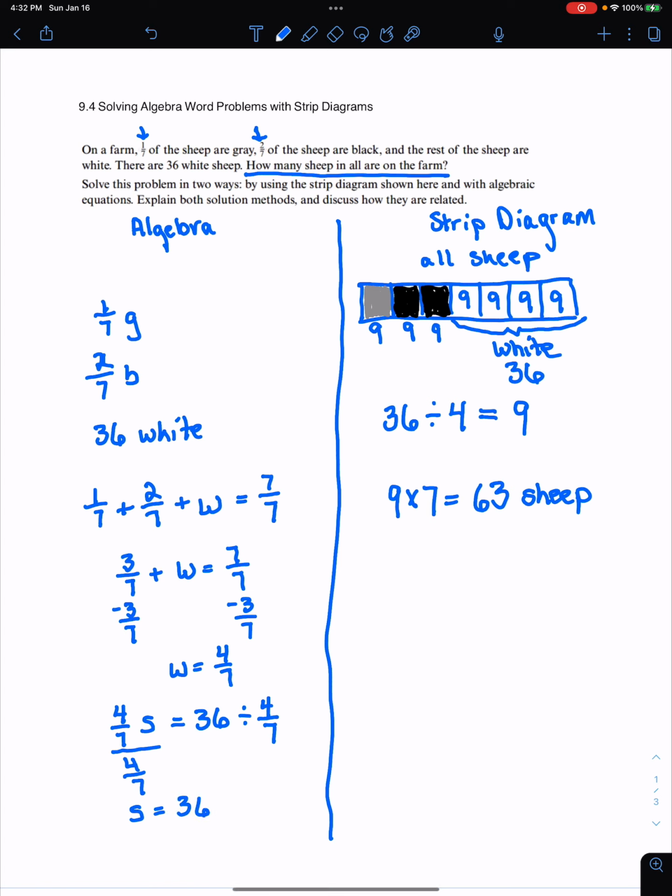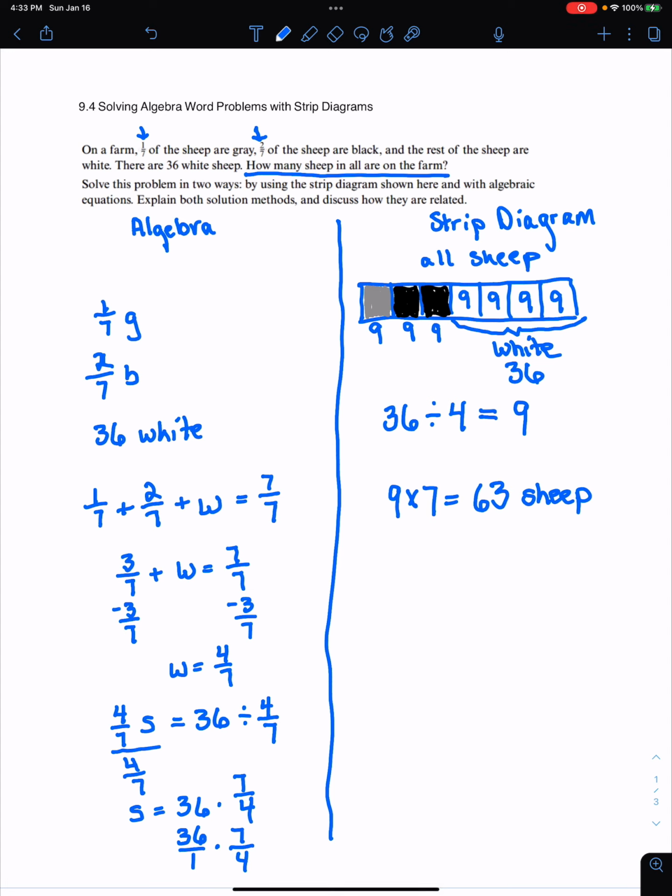36 times 7/4. You want to remind yourself about how to divide fractions. Dividing by a fraction is the same as multiplying by the reciprocal. So here I go, 36. I'm going to use my multiplying.